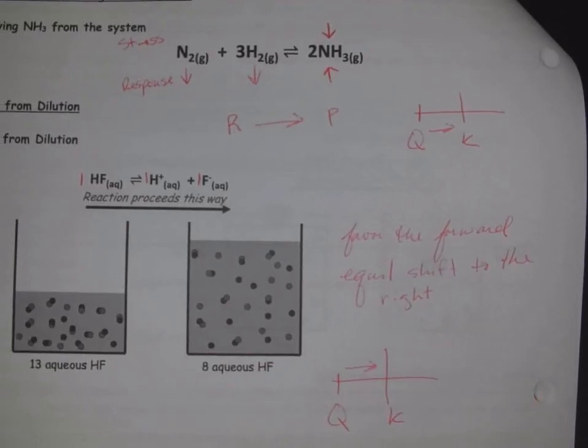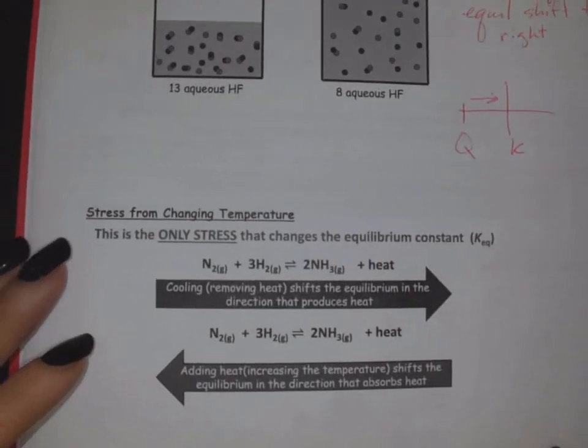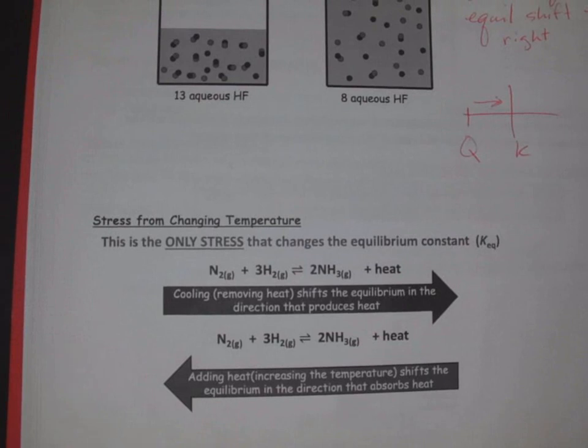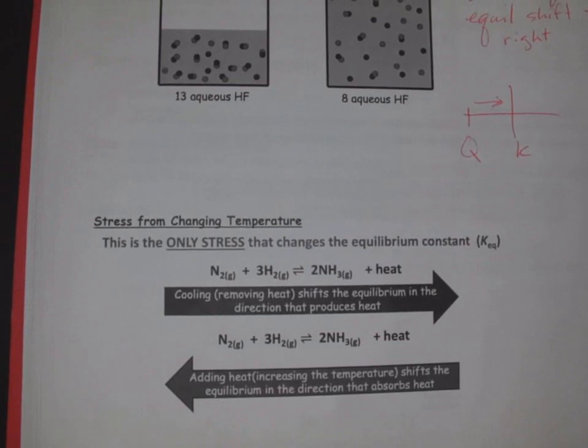Okay. The last one that we were talking about is temperature. So when it comes to temperature, it really depends on if a reaction is endothermic or if it's exothermic. Okay?